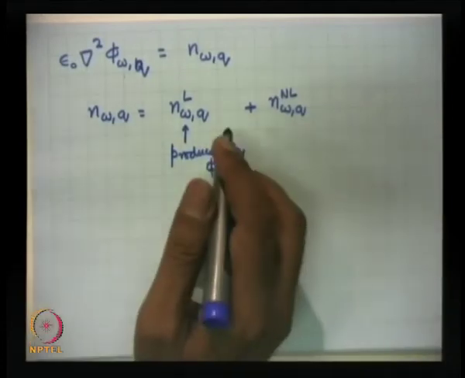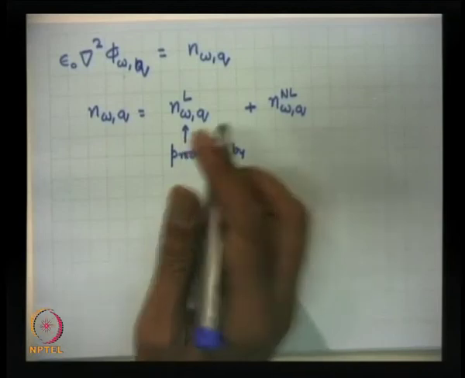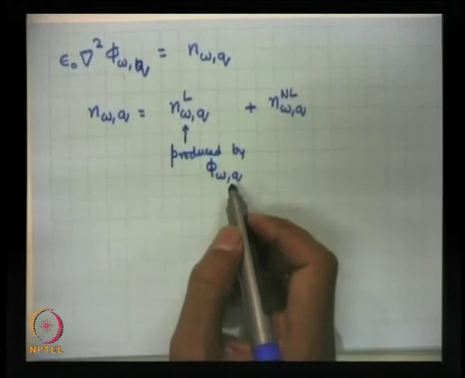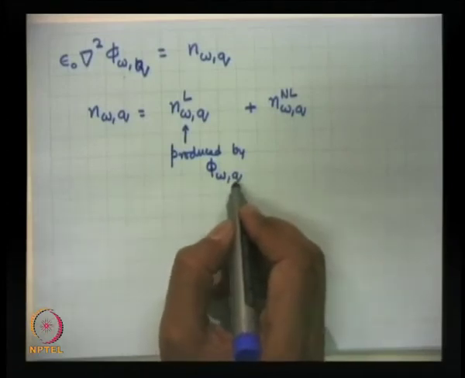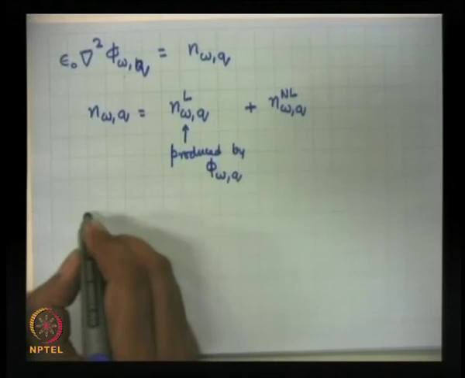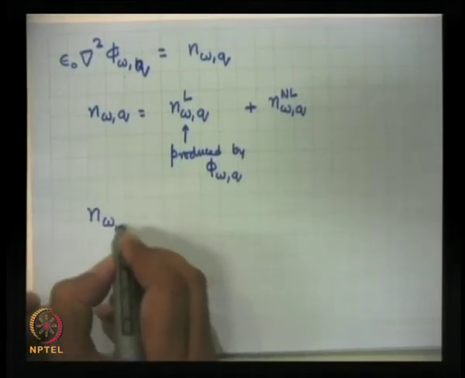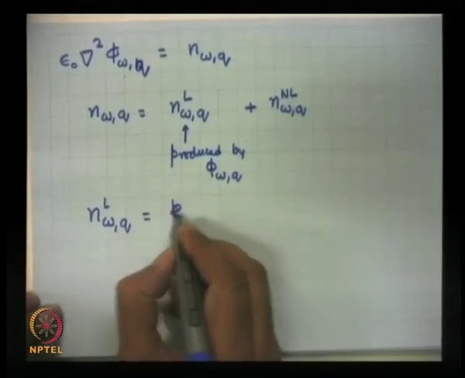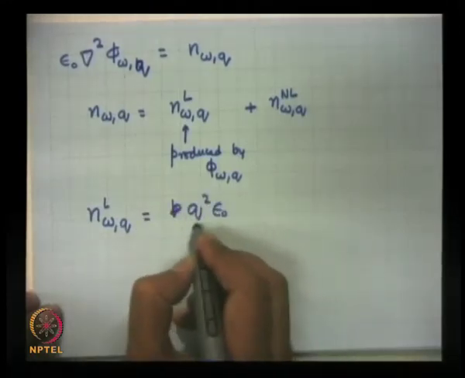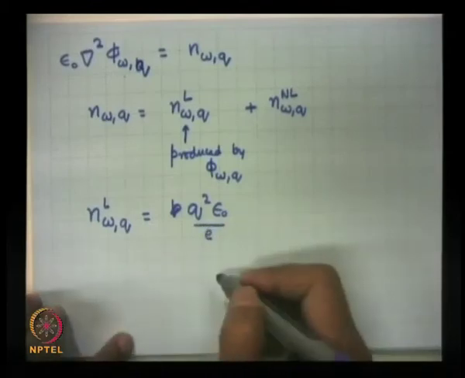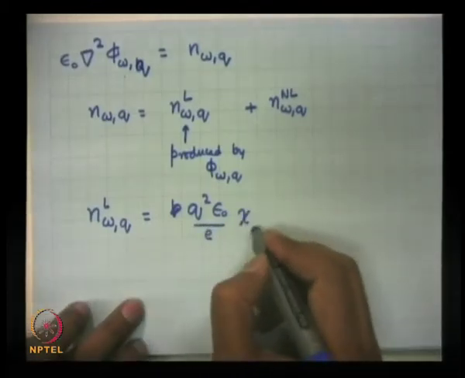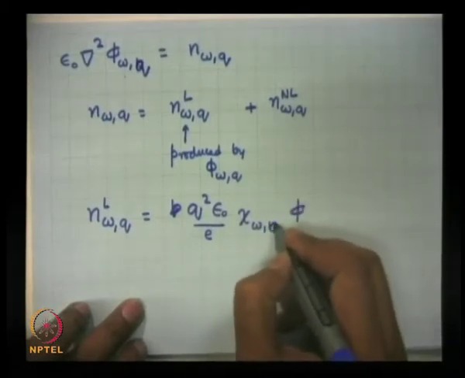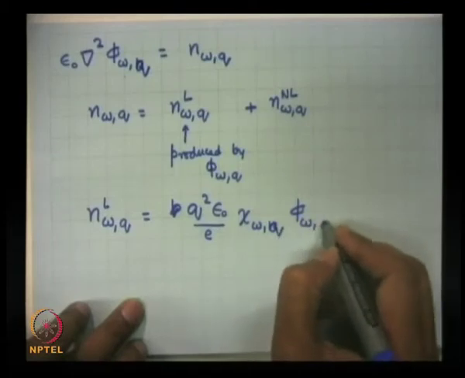And from our theory of Landau damping, we have learnt that if there is a plasma wave in a system of frequency omega and wave number q, then the density perturbation is related to that, and that is given by this expression: n omega q is equal to q square epsilon 0 upon the magnitude of the electron charge, into the susceptibility at frequency omega and wave number q, into phi at omega q.